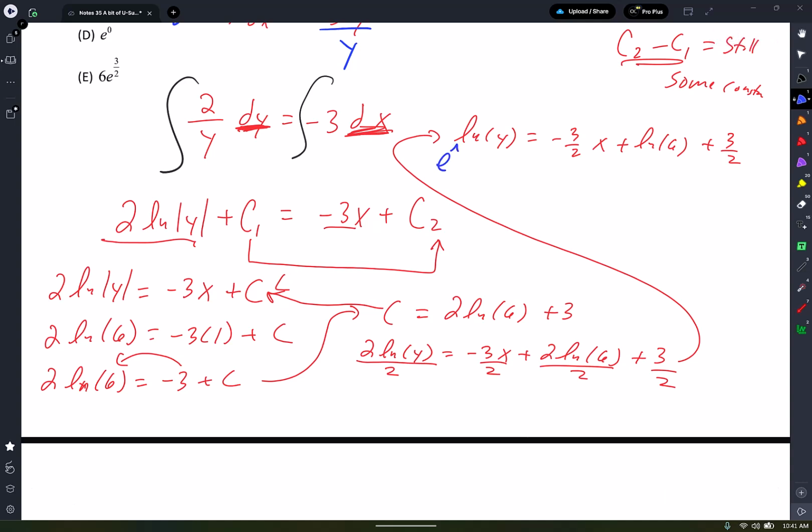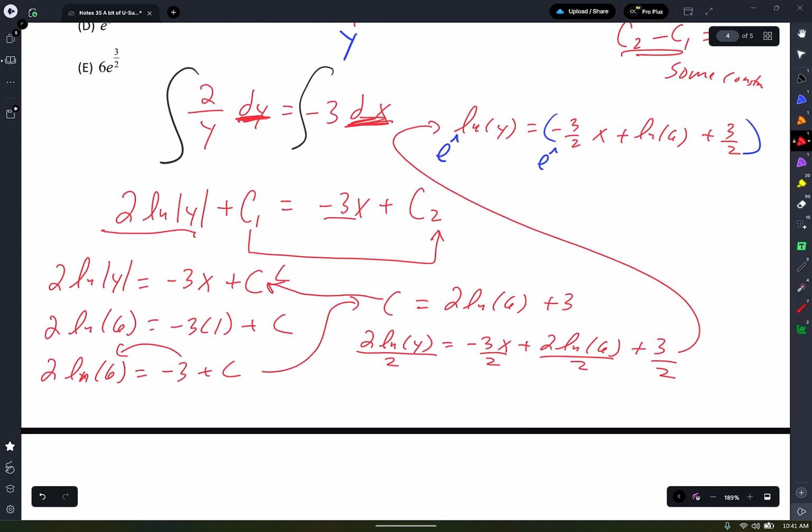E raised to all that. Whatever you do to one side, you do to the other. If your algebra is weak, we will have a hard time. We will talk about logarithms and exponentials soon, guys. Y equals e to the negative 3/2 x plus ln of 6 plus 3/2.